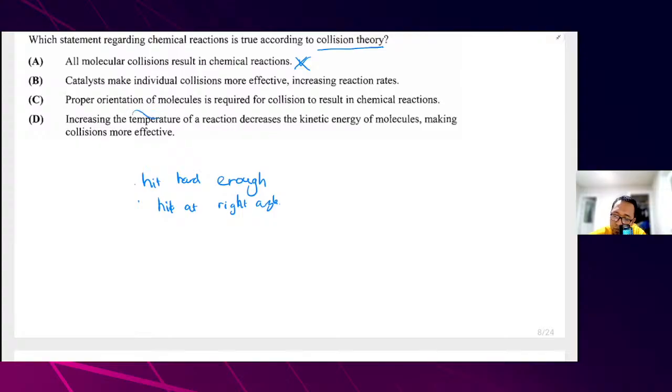Proper orientation of molecules is required for collision to result in chemical reaction. Increasing the potential of reaction, decreasing the kinetic. No. So it's between B and C.